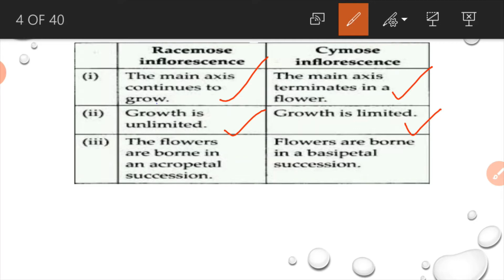In racemose inflorescence, there is acropetal succession. That means the younger ones are at the top and the older ones are at the base. In case of cymose, flowers are borne in basipetal succession. That means the larger ones are at the top and the smaller ones are at the base.